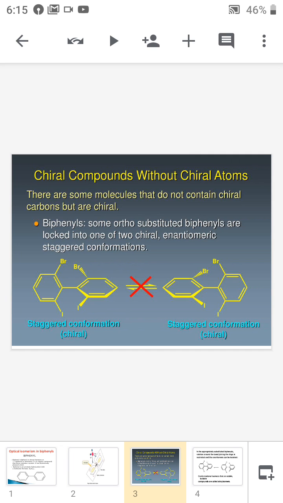So there are some molecules that do not contain a chiral carbon but they are optically active. An example is the ortho substituted diphenyl. Some ortho substituted diphenyls are locked into one of the two chiral, enantiomeric staggered conformations.